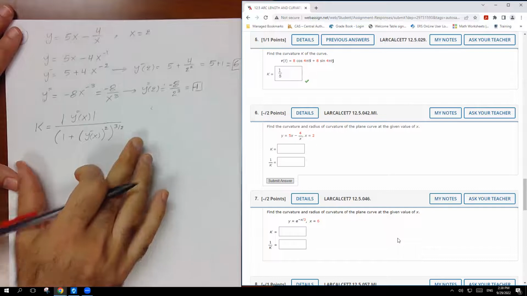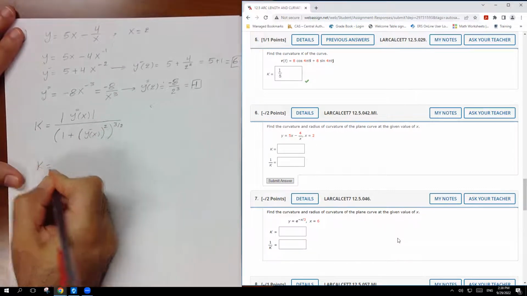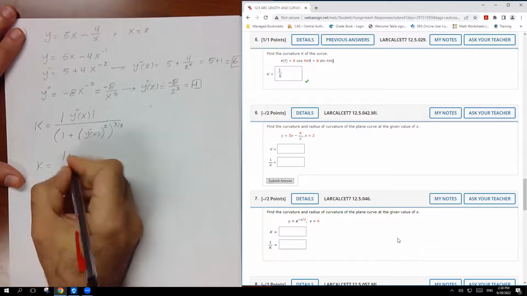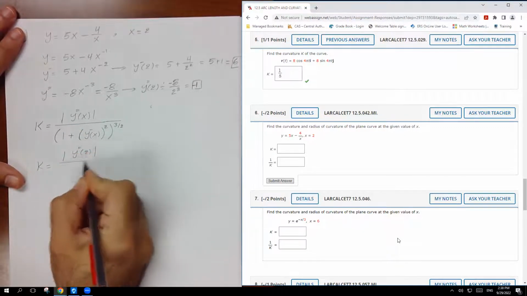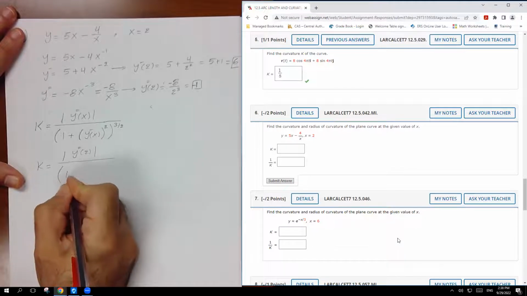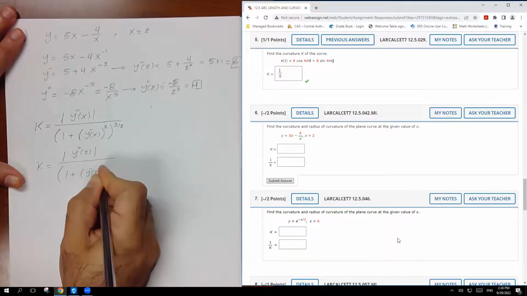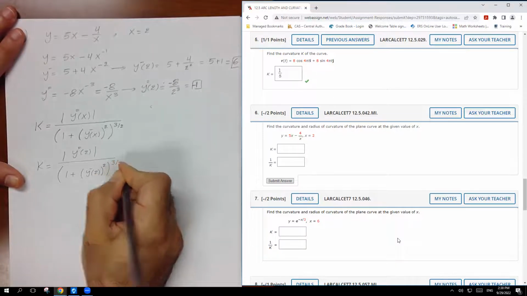So this is the formula you're just going to use exactly. That means k is equal to the absolute value of y double prime at 2 over 1 plus y prime at 2 squared, and everything to the 3 over 2.